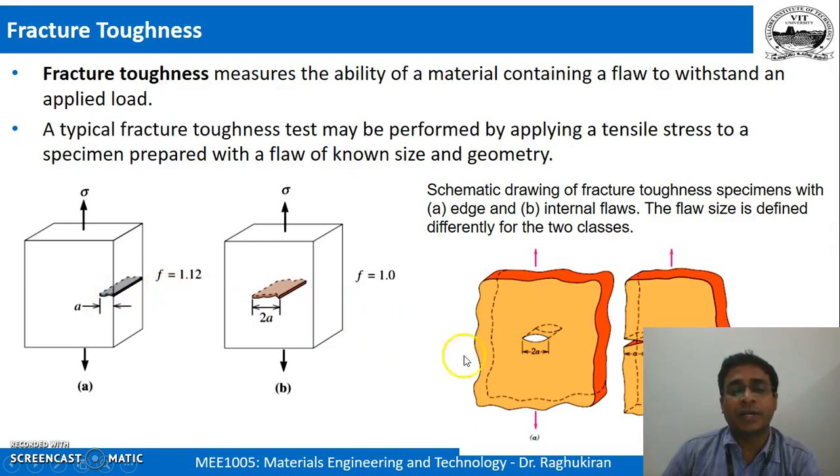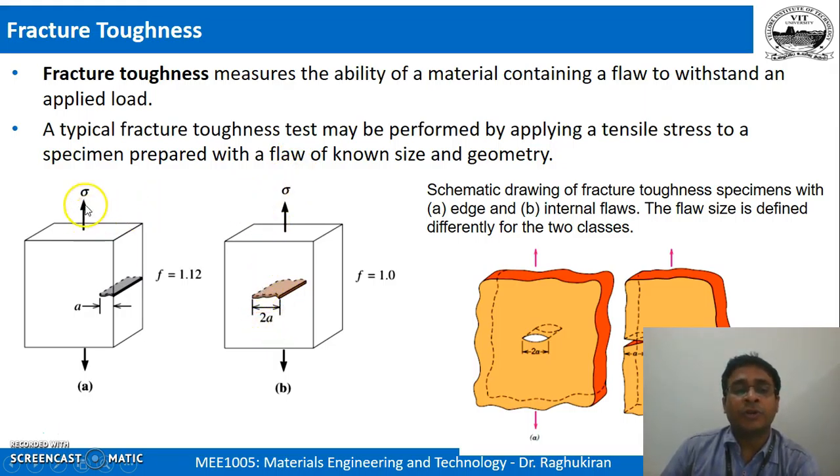For example, this is a crack, you can see at the edge, either at the edge or at the center, that is internal, this is external. Surface crack. You can have either configuration, one specimen with a flaw like this of known dimension. If a is the dimension, if it is edge, you consider it is 1a. If it is internal, you have to consider it to be 2a size.